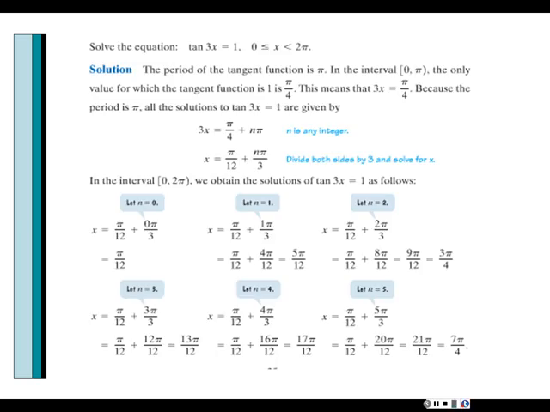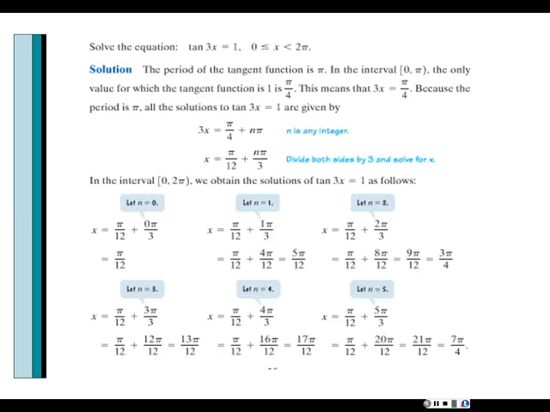Now, what we do is, we just write n pi here. In case of tangent. If it is sine and cosine, we'll probably write 2n pi. Why 2n pi? Because n times 2 pi, because the period is 2 pi. You see what I'm saying? We are just writing n times the period. That's exactly what we are writing. Since the period is pi here, if it were sine or cosine, we'd be writing 2n pi, that means n times 2 pi, because the period is 2 pi.